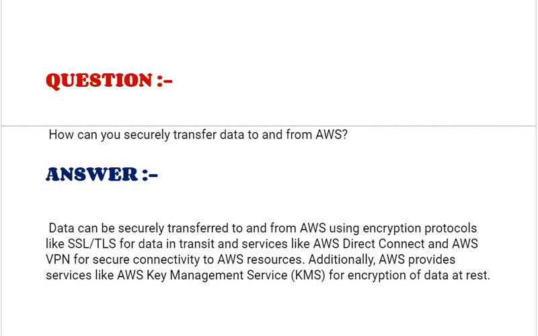Your answer should be: data can be securely transferred to and from AWS using encryption protocols like SSL/TLS for data in transit and services like AWS Direct Connect and AWS VPN for secure connectivity to AWS resources. Additionally, AWS provides services like AWS Key Management Service (KMS) for encryption of data at rest.